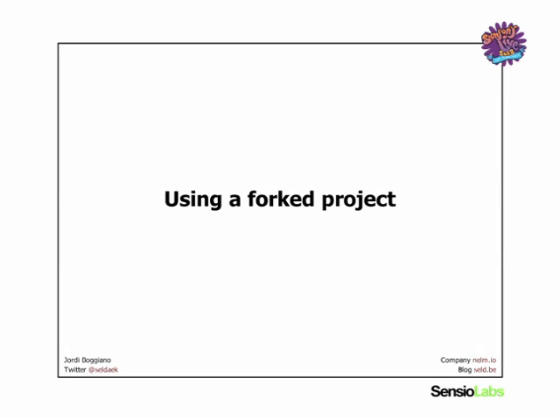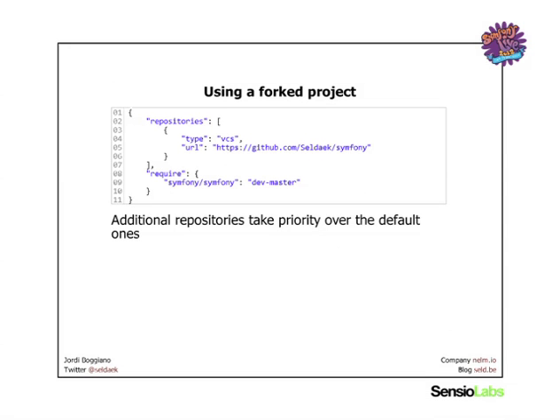Now, using a fork, that's also something I would like to clarify. Let's say you just find a bug in Symfony, you just create a pull request for it. That's good. And if you find it and fix it, amazing.